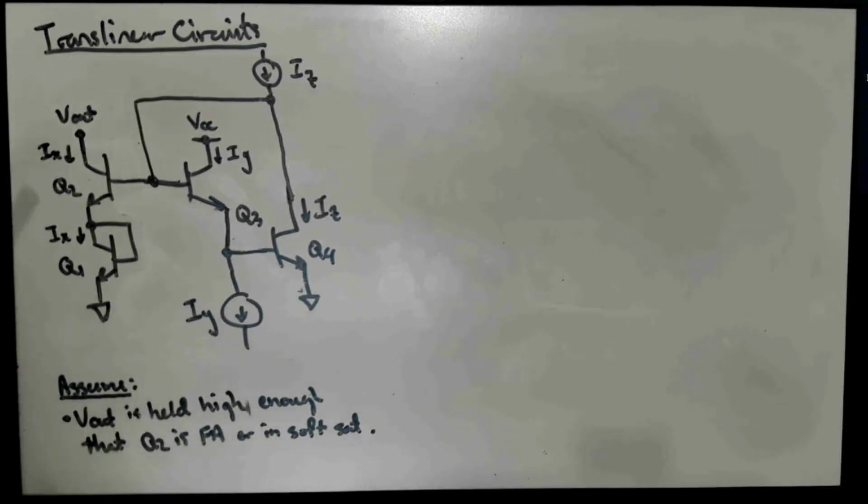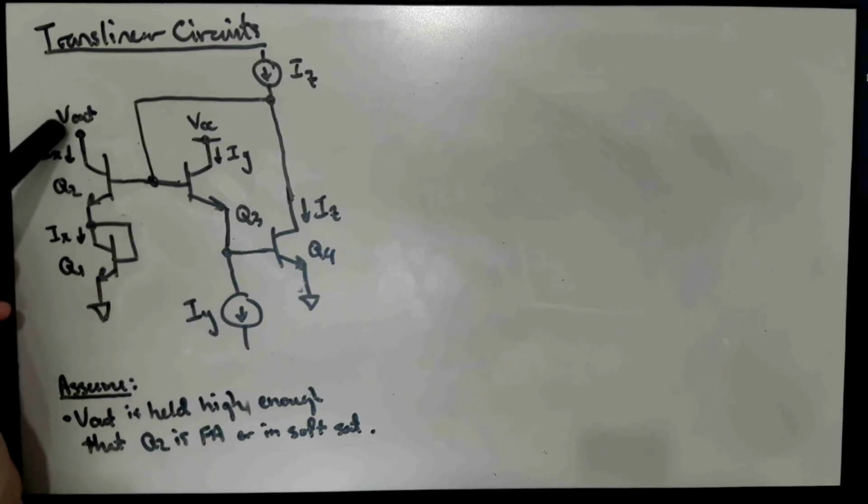And now we're basically saying that Q2 is going to be our output transistor. And we're guaranteeing that V out is going to be sufficiently high that Q2 is guaranteed to be in soft saturation, or forward active. So that means V out is at least VCE above whatever this node voltage is here. So this is going to be one diode drop above ground, or so, right? There's one base emitter voltage here, which is in the range of 0.4 to 0.7 or 0.8.